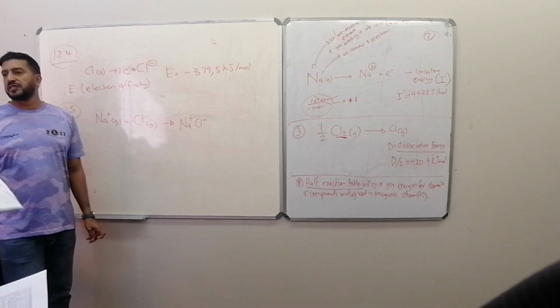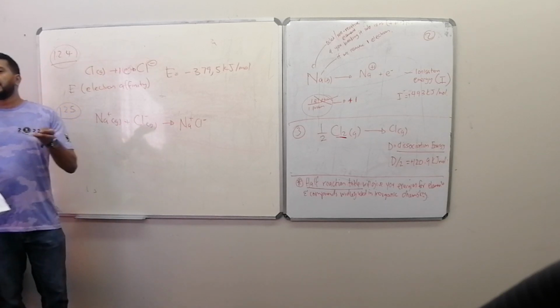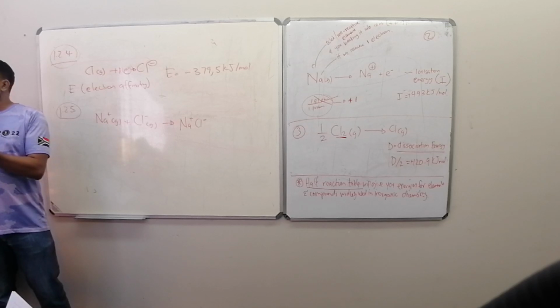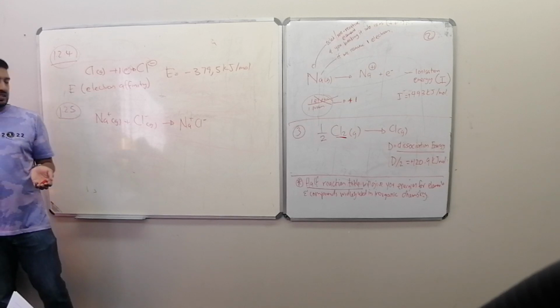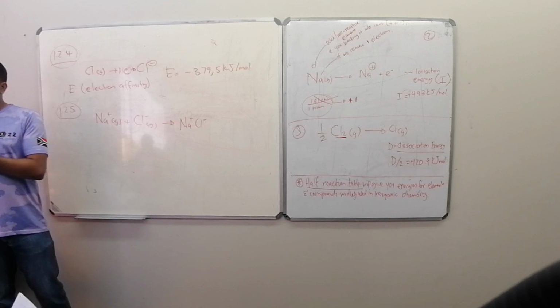It's called a precipitate. You remember how do we convert steam into liquid? Condensation, right? And how do we convert liquid now into solid?